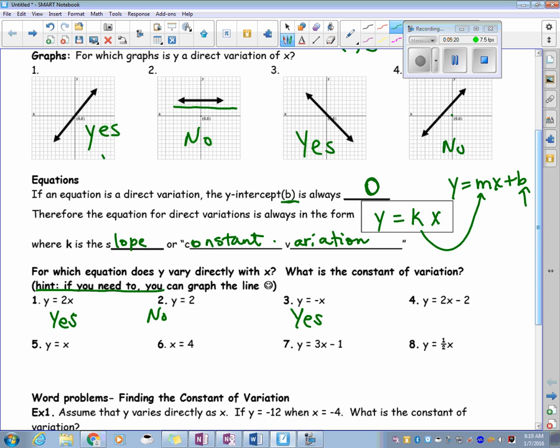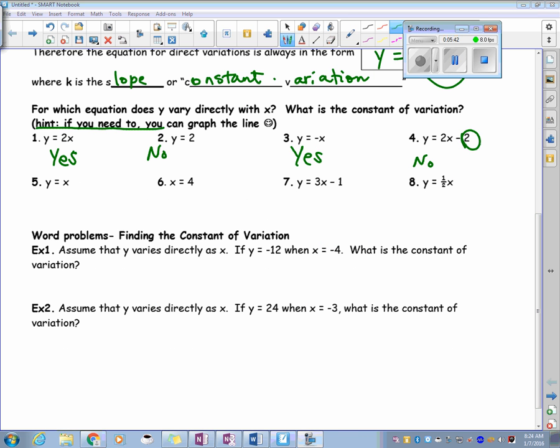How about number 4? No. Why? Because b is -2. It does not go through the origin. Please try and work 5, 6, 7, and 8. I'm going to pause the video while you do that. Is number 5 a direct variation? Yes. Is number 6 a direct variation?